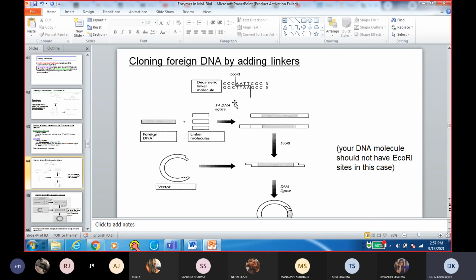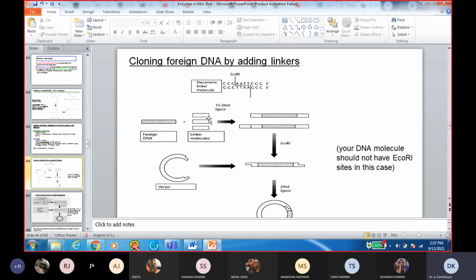And these linkers come based on the restriction enzymes. For example, in this case, it is called an EcoRV linker. You can have a HindIII linker. You can have a BamHI linker. It comes based on different restriction enzymes. In this case, an EcoRV linker is used.